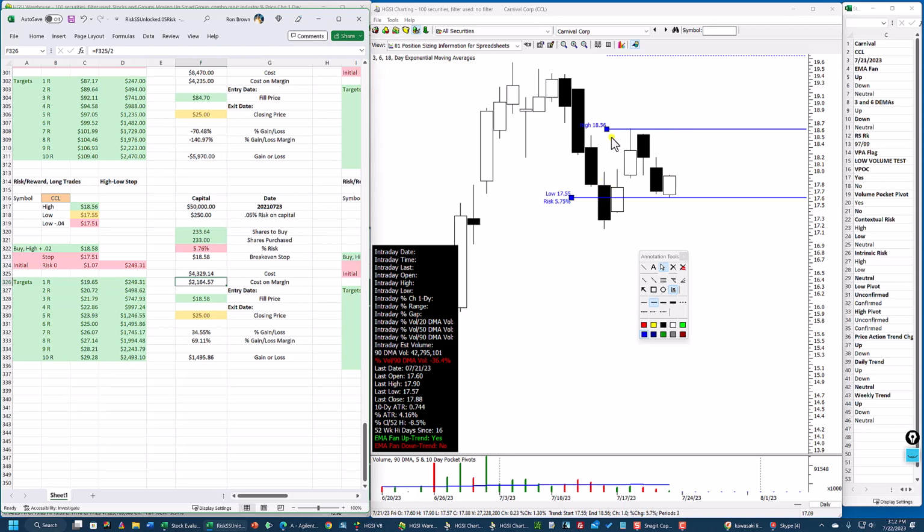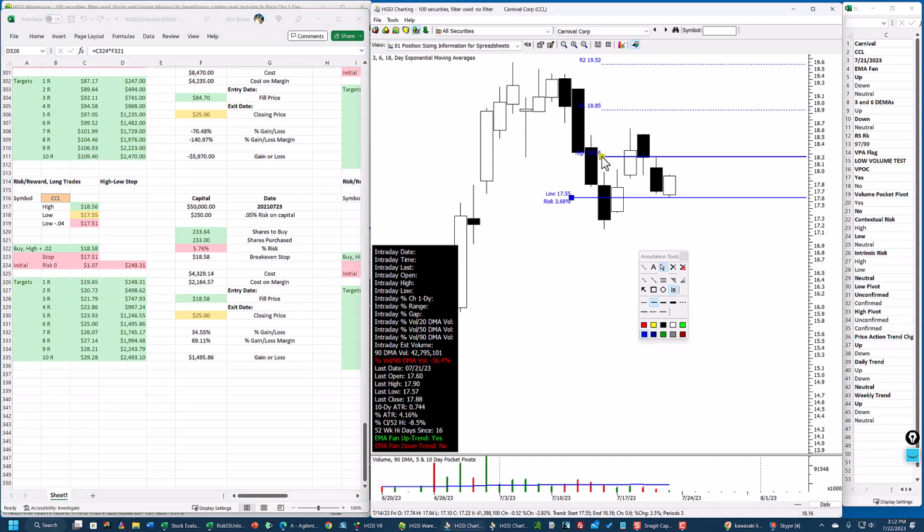Now, if I decided that is too far to get to make my 1R, and I want to move this down, let's just say I really do a tight requirement here, and I'm only going to risk 3.61%.